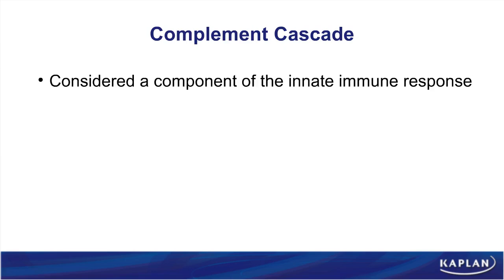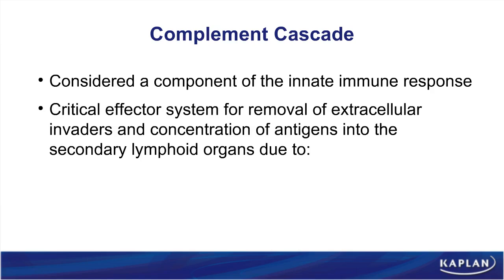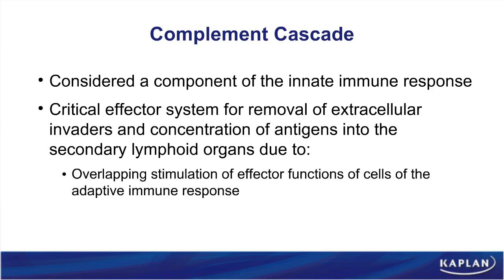We've already talked about the alternate pathway for complement activation, which we know was a component of innate immunity. However, complement really enhances the immune system. When we're talking about inflammation, we're talking about C3b, removing these extracellular invaders through opsonization, through removing immune complexes.